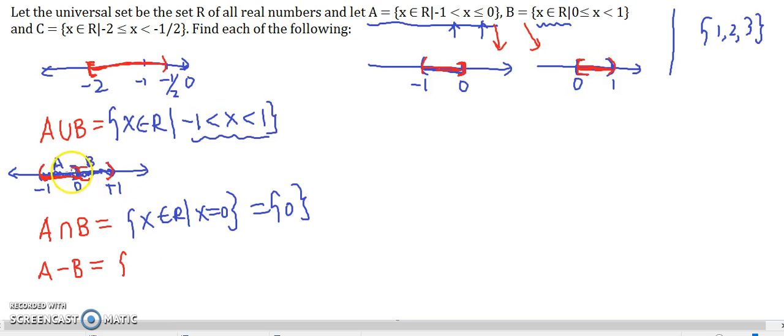So we have to delete 0 from set A. So the answer will be, we get rid of the equal sign right here, because 0 is in B, and A minus B means we have to get rid of the numbers in B from A.